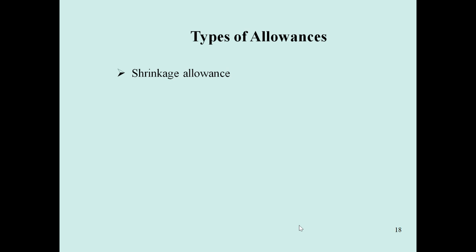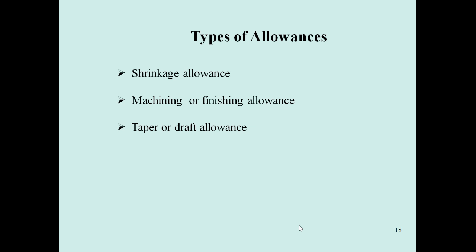First is the shrinkage allowance, second machining or finishing allowance, third taper or draft allowance, fourth distortion allowance, and the fifth one is shake or wrapping allowance. Now we are going to discuss all the allowances one by one.